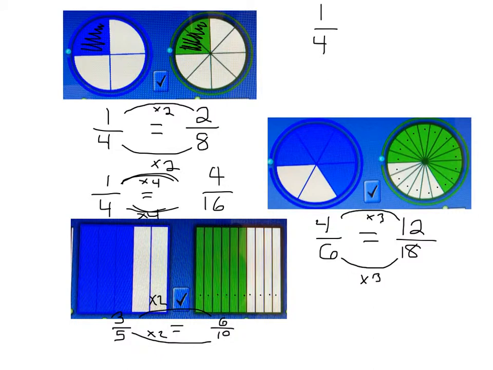Why don't I multiply the numerator and denominator times 10? 1 times 10 is 10, and 4 times 10 is 40. 1/4 is equal or equivalent to 10/40. So a way to make equivalent fractions is to multiply the numerator and denominator times the same number.